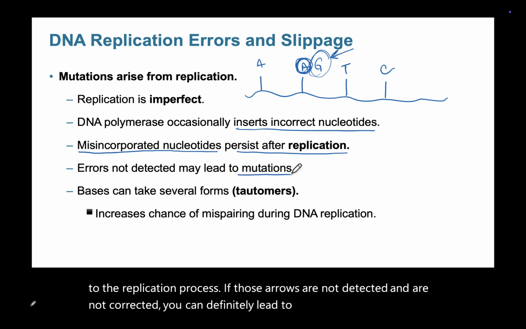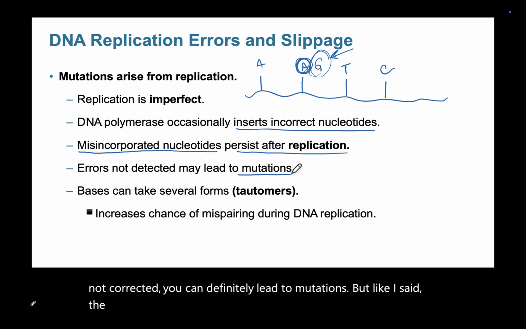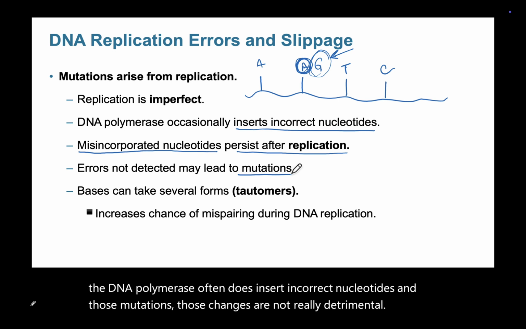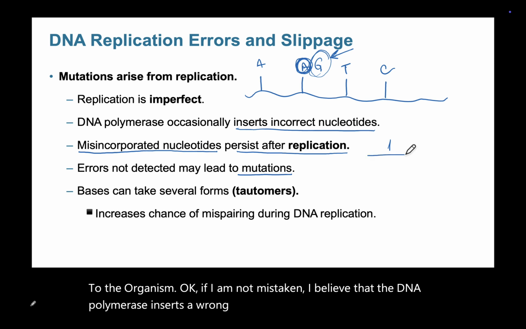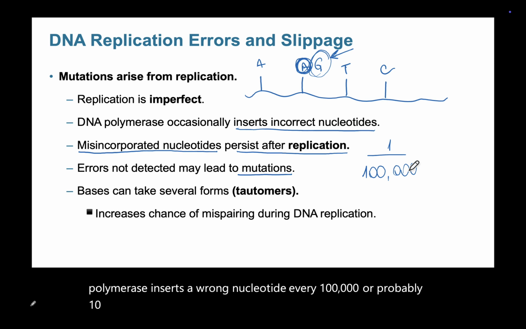But like I said, the DNA polymerase often does insert incorrect nucleotides, and those changes are not really detrimental to the organism. Okay? If I am not mistaken, I believe that the DNA polymerase inserts a wrong nucleotide every 100,000 or probably 10,000 nucleotides or even more.